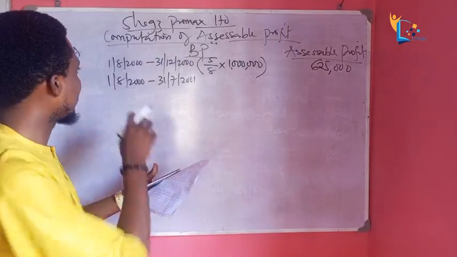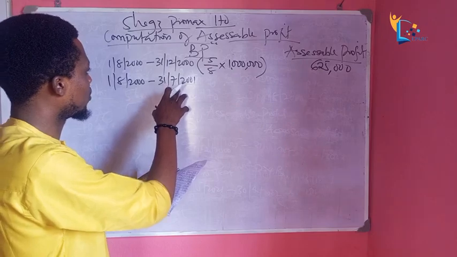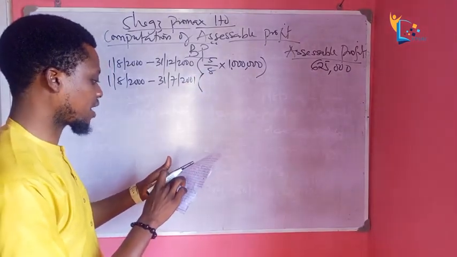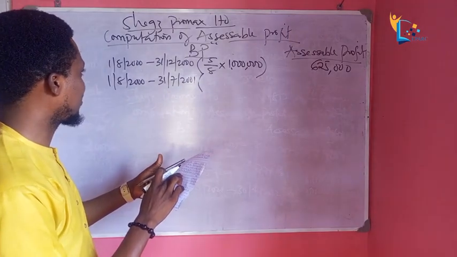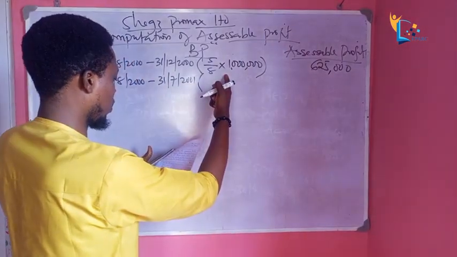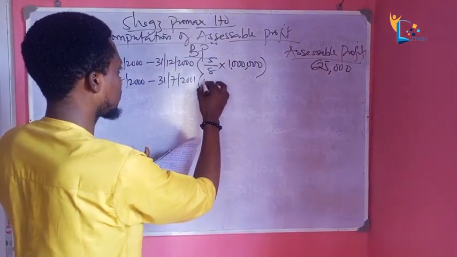Now from this period to this period is 12 months. The year ended 31st March 2002. Now we have period 31st March 2001 will give us 1 million.